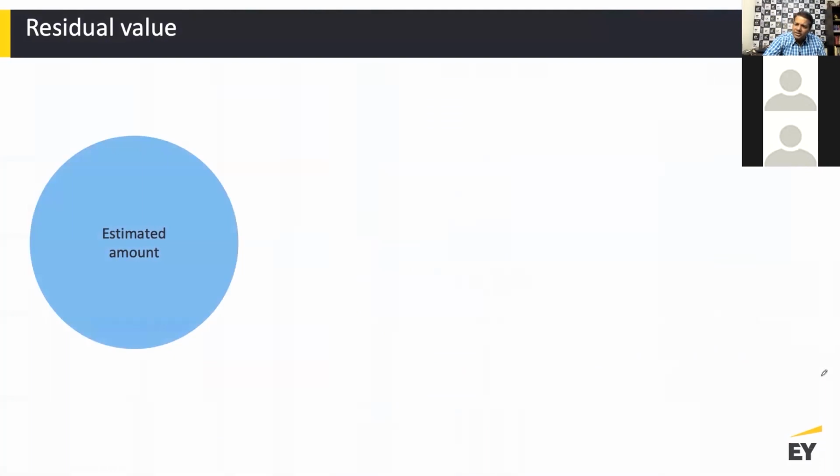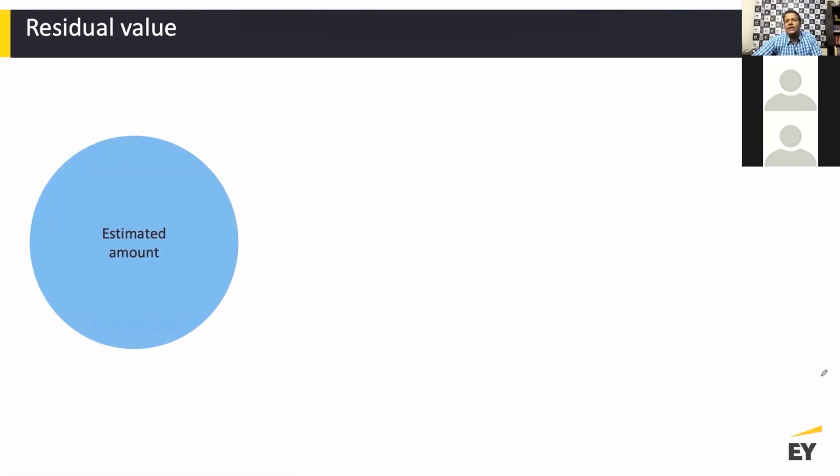Now again, for me to determine how much depreciation I need to provide for a particular asset, I also need to be cognizant of the residual value. A very simple example: again, I talked to you about this example of a car. You purchase a car, let's say for 10 lakh rupees, and you believe that you are going to use this car for a period of 5 years for your own purpose or for the purpose of your business. Then the question is, after 5 years, if I were to decide to dispose of this vehicle, what is the residual value I am likely to get?